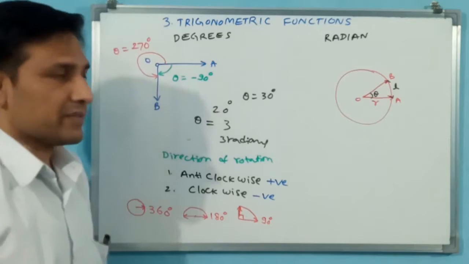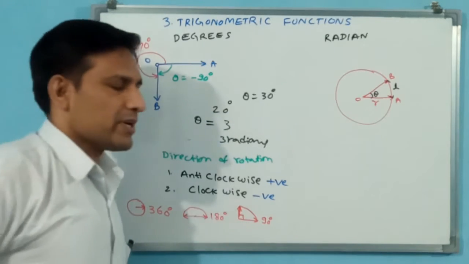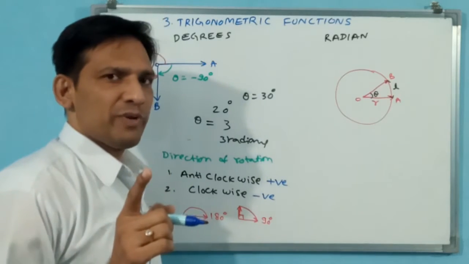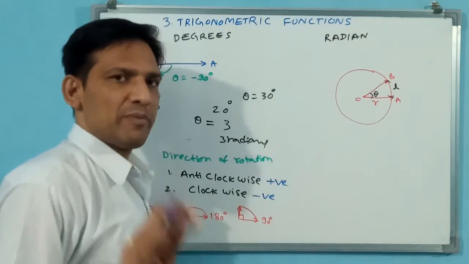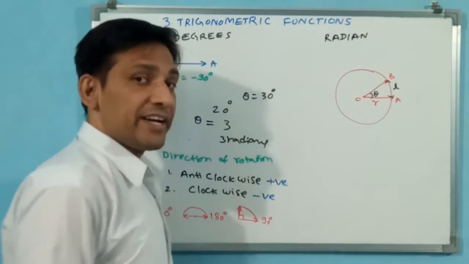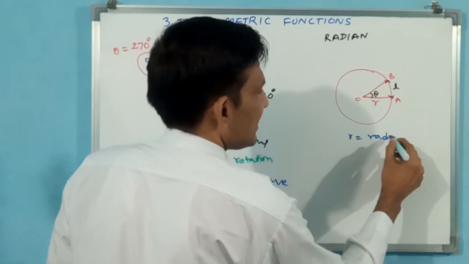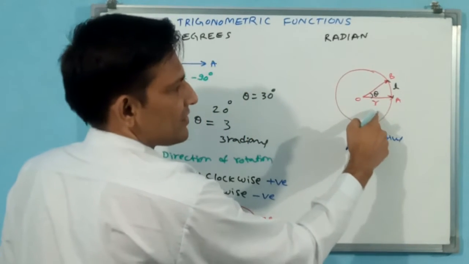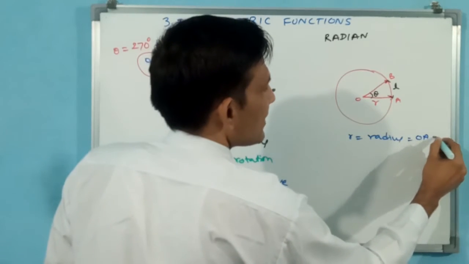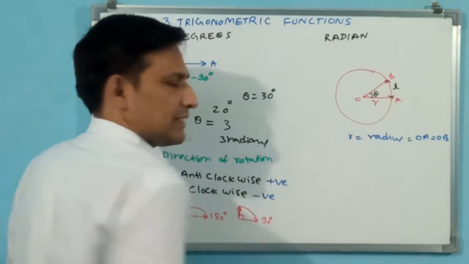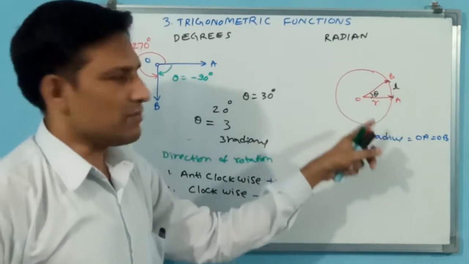See this figure first. What have I taken? I have taken 1 unit, which means 1 centimeter, 1 meter, 1 millimeter, whatever it may be, as the radius of a circle. See, R is equal to radius. This is R. OA is equal to OB. Both are the same. Why? Because this is the center. From the center, anywhere it will be the same radius.